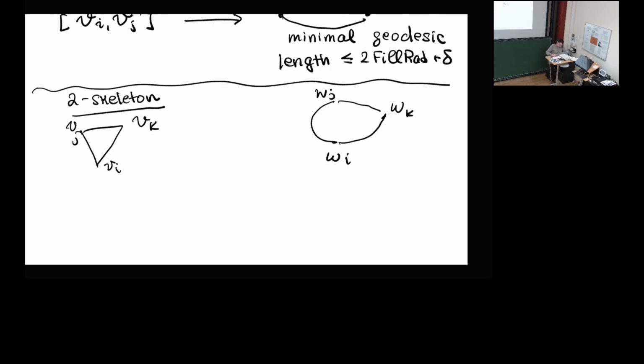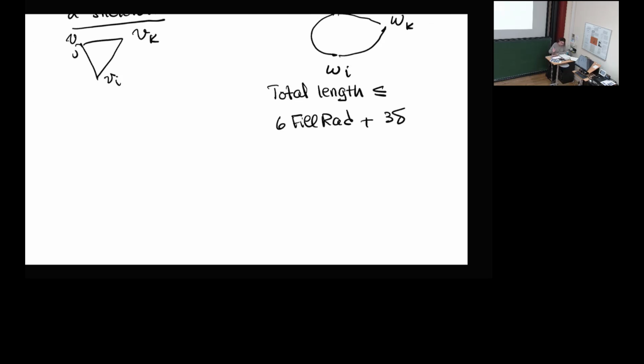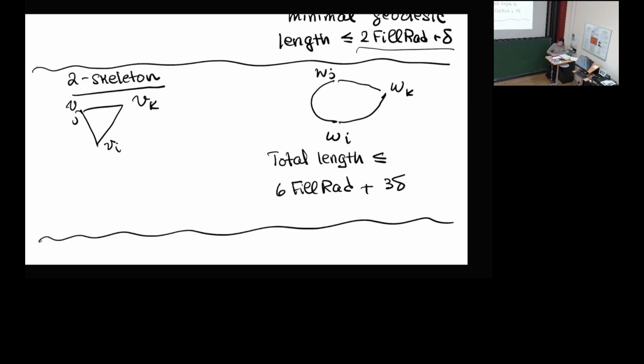The total length of this curve is bounded by 3 times this, so 6 filling radius plus 3 delta.